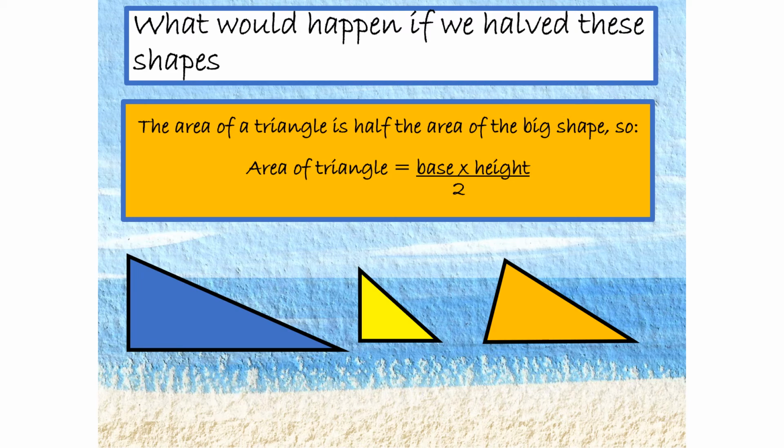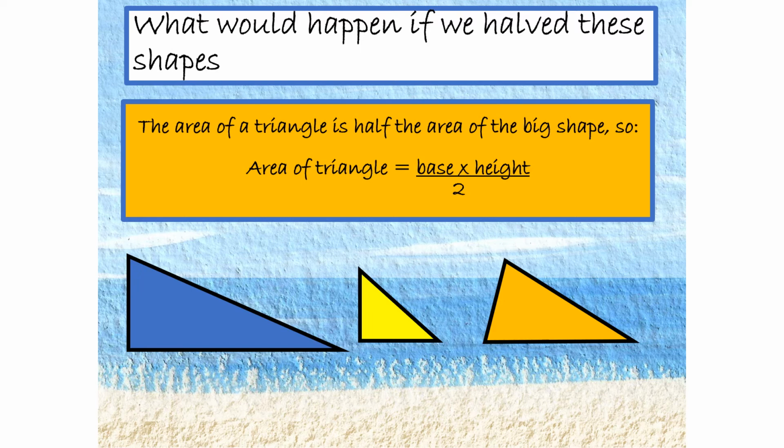Very well. Now, you would have observed that all the shapes before were divided into two. They were halved. And therefore, the resulting shapes for each shape that we had, the rectangle, the square, and the parallelogram, resulted in a triangle. Therefore, the formula that we use to find the area of a triangle is its base times its height, and we divide by 2 because this was a rectangle.